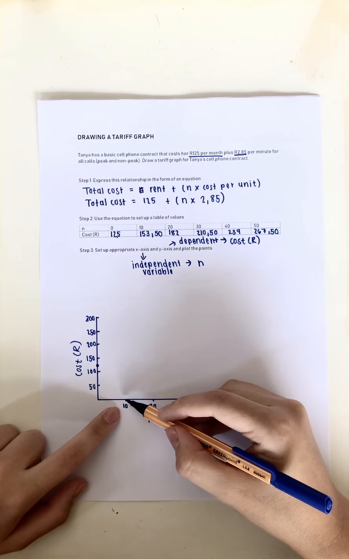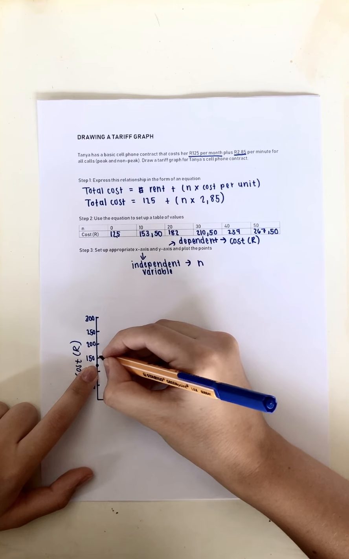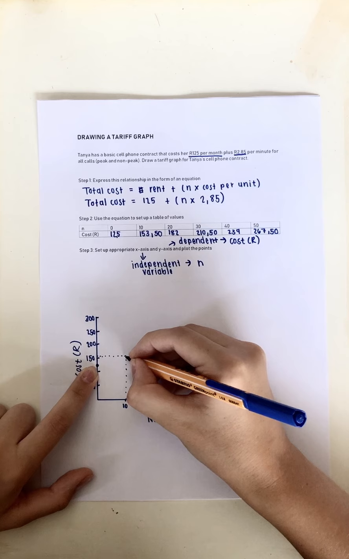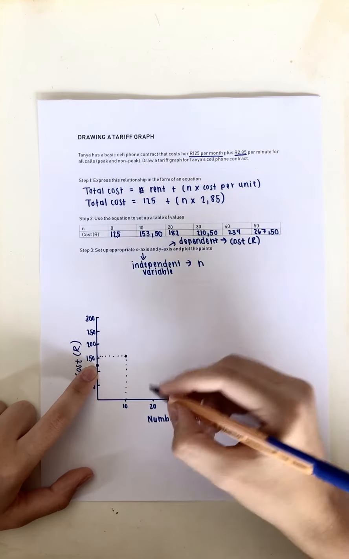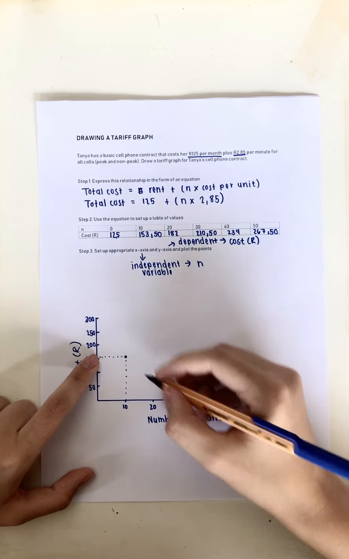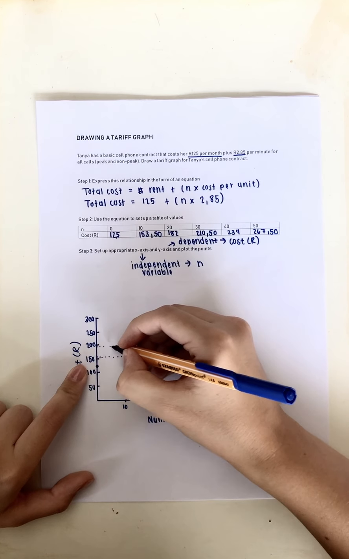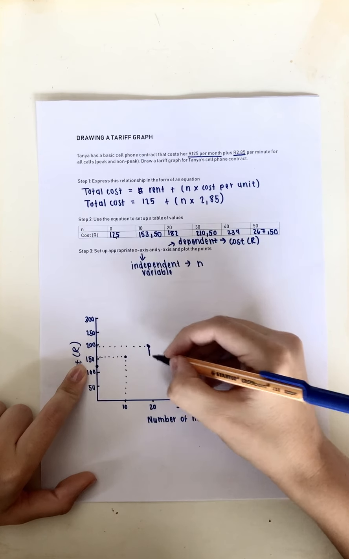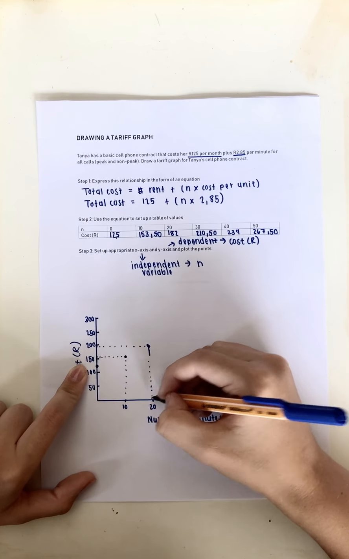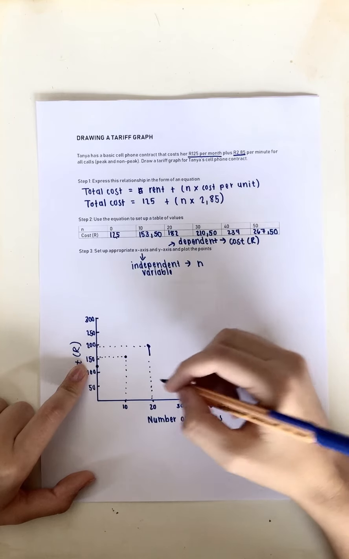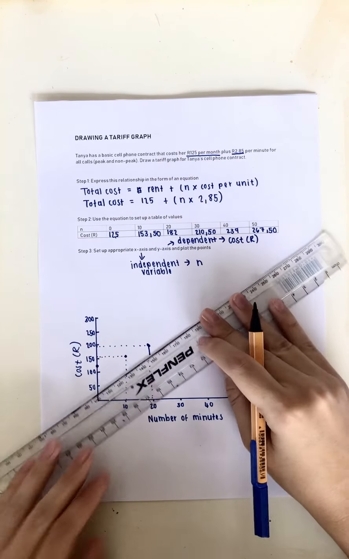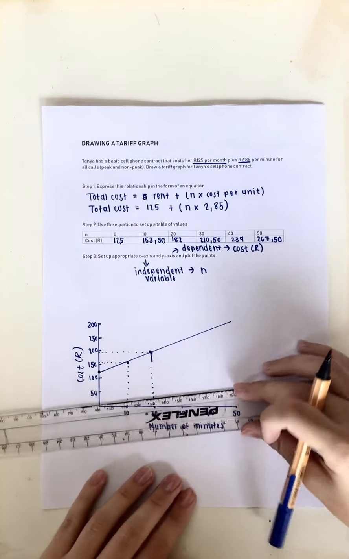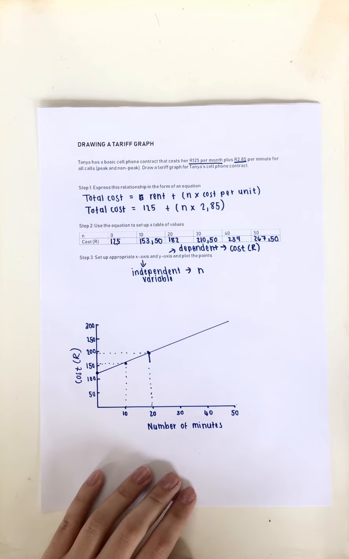Then at 10, 153, so it will be about there. 20 is 182, so it will be somewhere here. Then you go on and you connect your dots as it goes, like that.